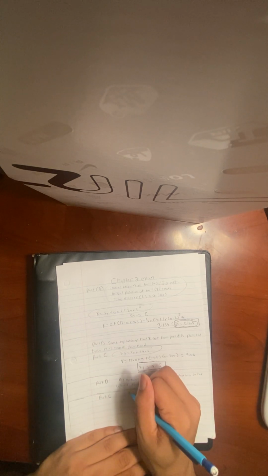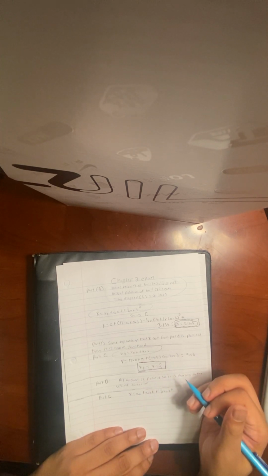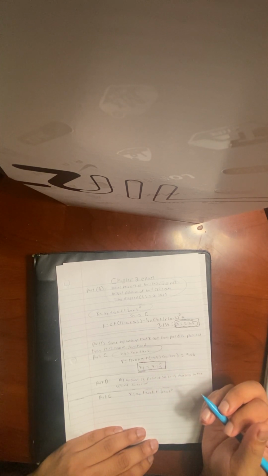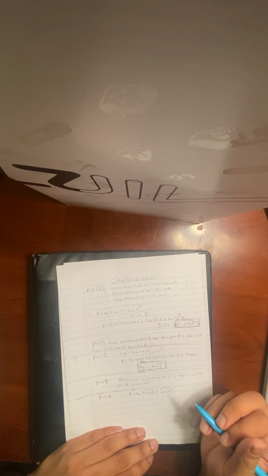So I'm just going to go ahead and write that out. x equals x0 plus v0x t plus 1/2 ax t squared. Then we're going to find the ball's position.